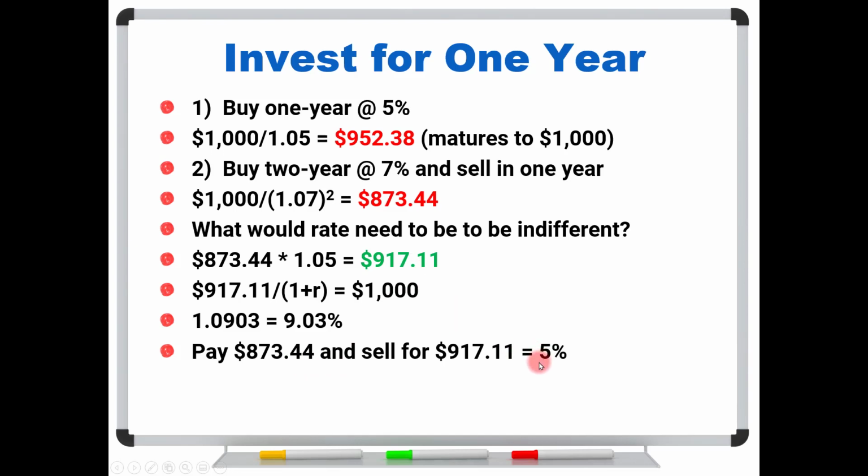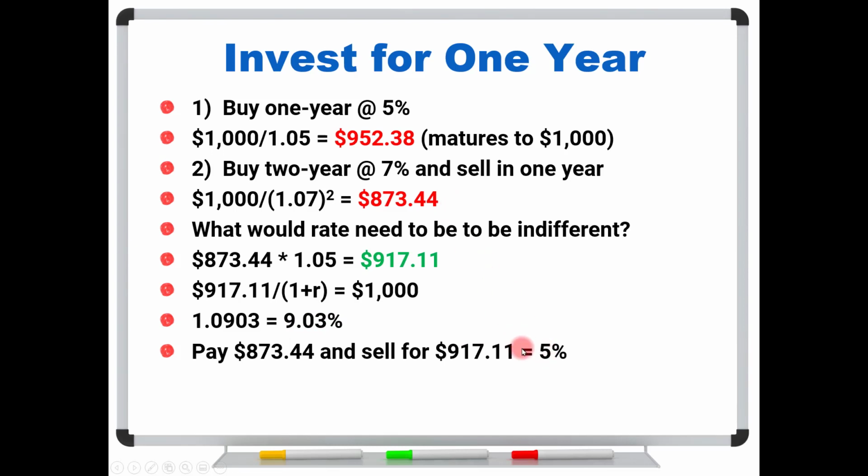So the point is that I can either buy the 1 year bill and get 5% guaranteed, or I could maybe take my chances, buy the 2 year bill and sell it in a year. And if rates are in fact 9.03%, I'll be indifferent. I would have done equally well.